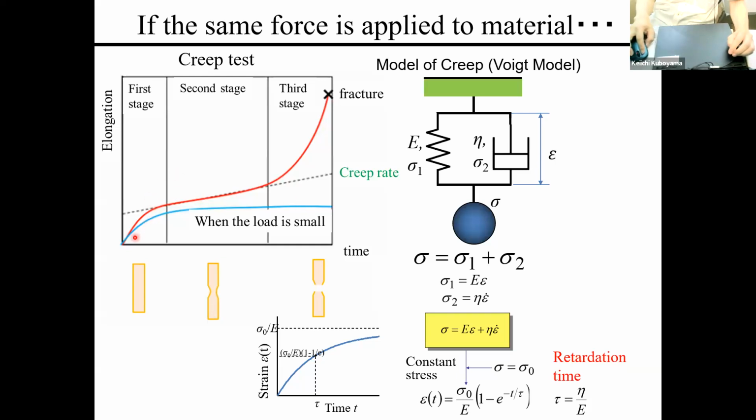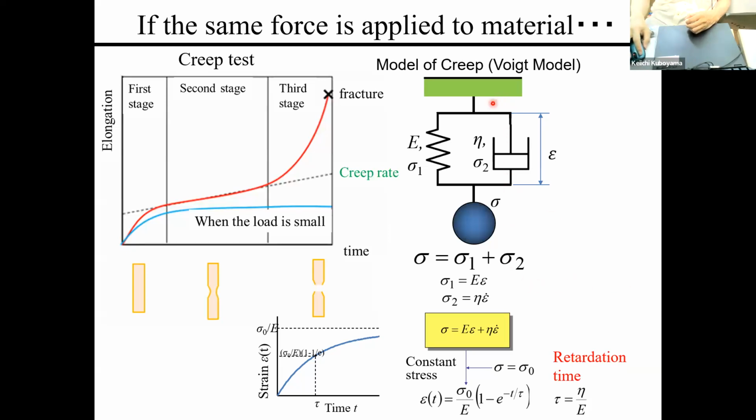And if you apply a heavy weight, the sample continues to elongate, and finally fracture occurs. Such a phenomenon cannot be represented by the Maxwell model. So the Voigt model is used to represent such a phenomenon.